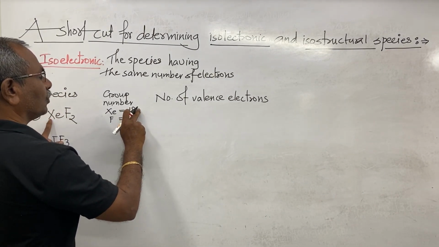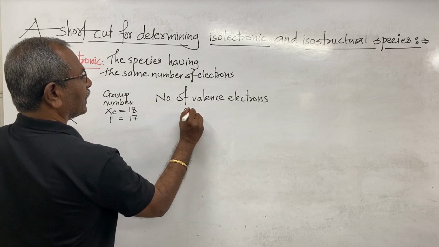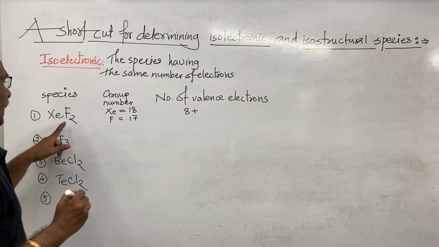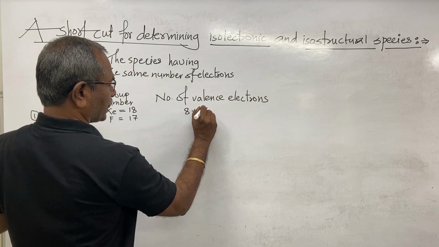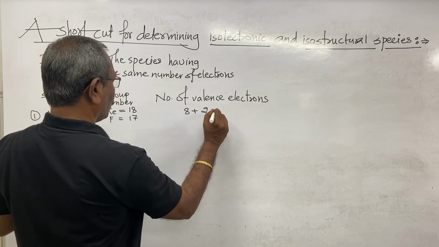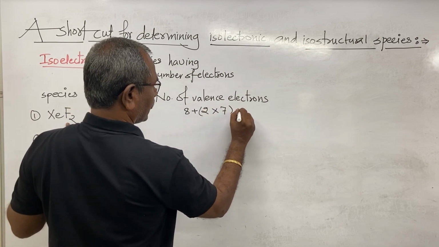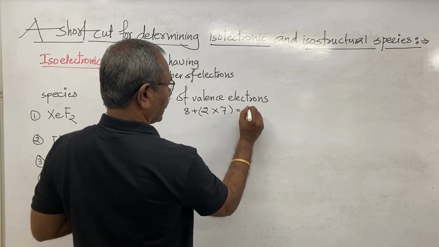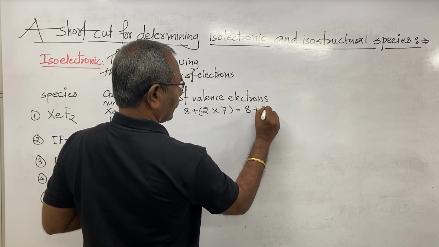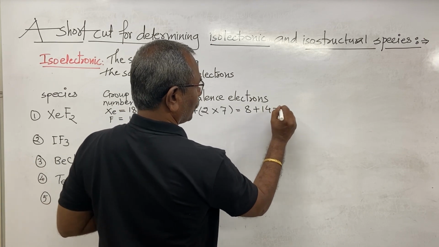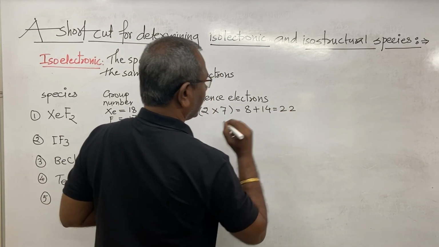As it belongs to group 18, there are 8 electrons and there are 2 F atoms. So 2 into 7. So 8 plus 14 is equal to 22 electrons.